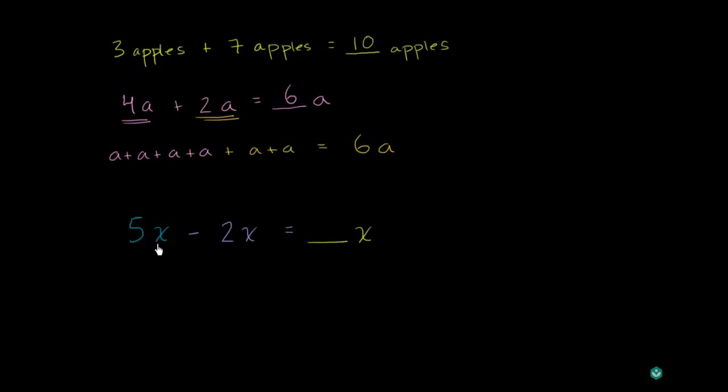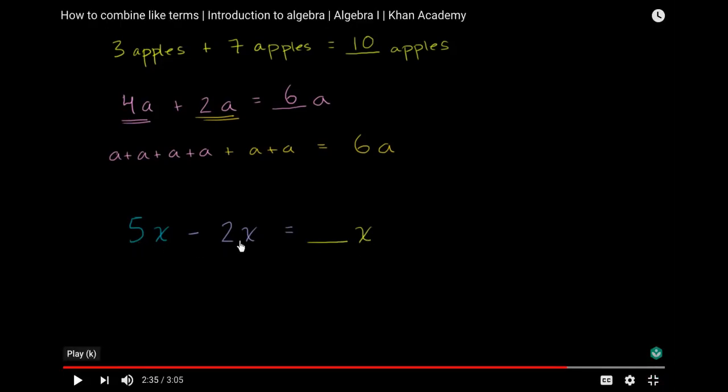Well, if I have 5 of something and I subtract 2 of those, what would it be? So I'm taking my 5 and I'm going to minus 2. And I'm going to remember I can do that because my x's match.